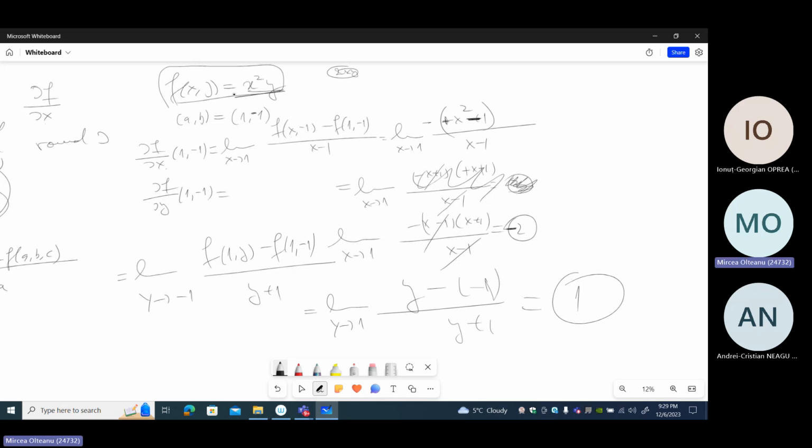How did we compute them? By using the definition. But in college, you remember, we don't compute derivatives by using the definition, of course. We have some rules of differentiation for functions of one single variable.